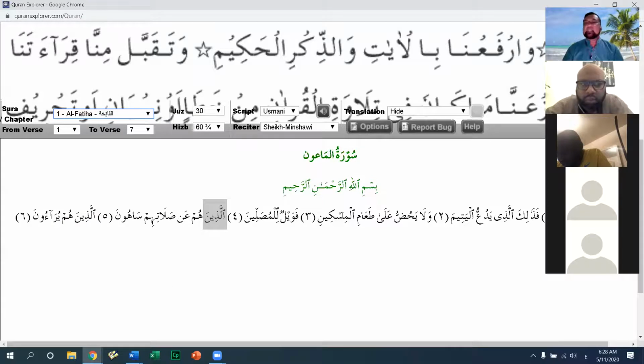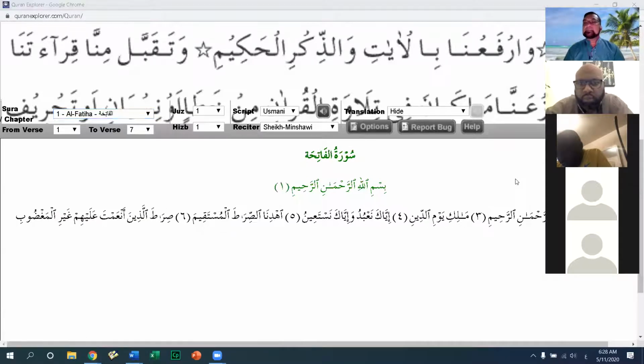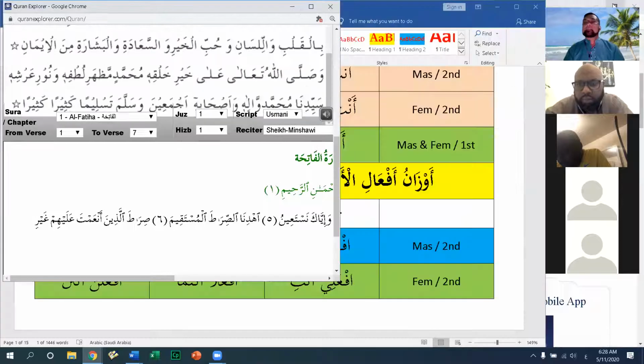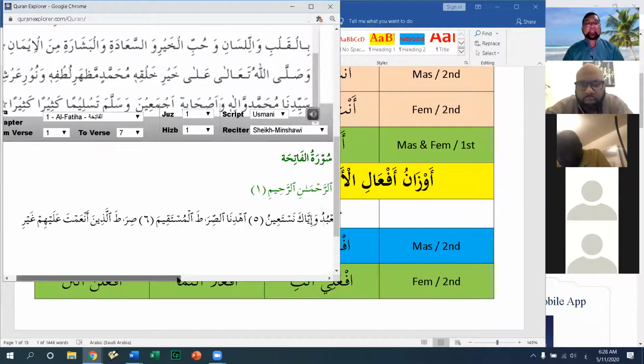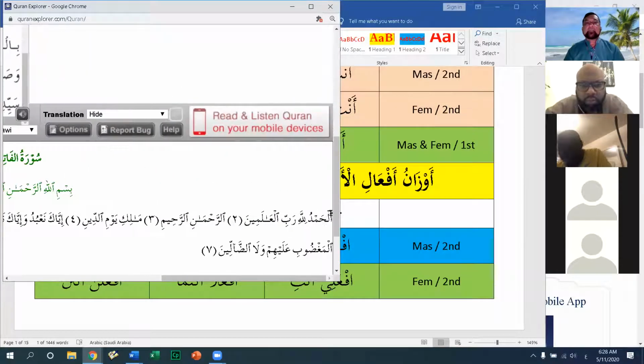If we look at Al-Fatiha here, they wrote in the head of the sad on top of it. That means you only pronounce that hamza if you begin with it. If the first sound that comes out of my mouth is that, then I say alhamdu.